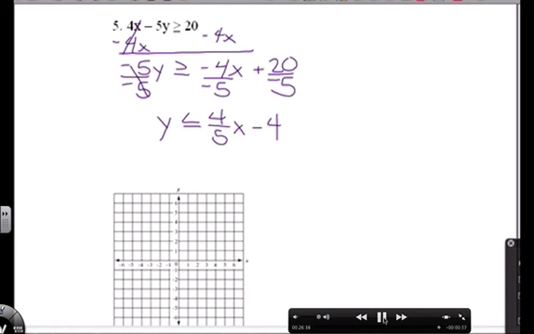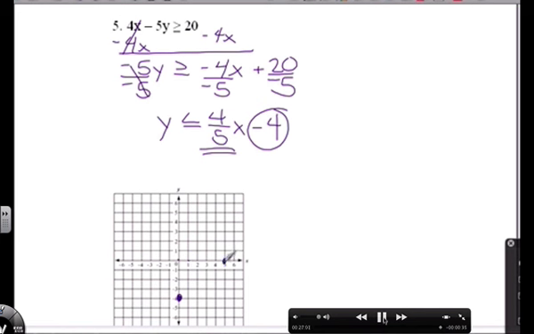I plot my y-intercept, which is -4. I use my slope. 4 over 5 tells me to rise 4, 1, 2, 3, 4, and run 5, 1, 2, 3, 4, 5.